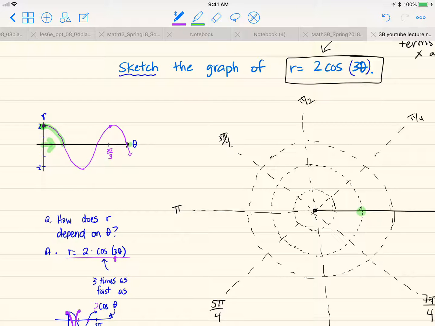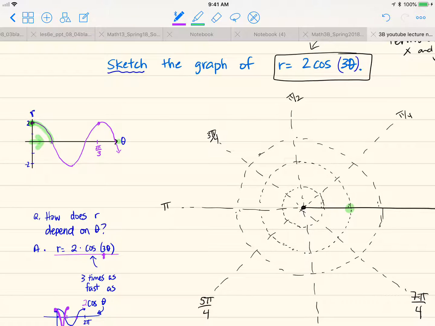Now when is r going to hit 0? What does it mean for r to be at 0? If you're starting out here, as theta increases, which means we're going around here, I don't stay at 2 for r. My r is getting smaller.